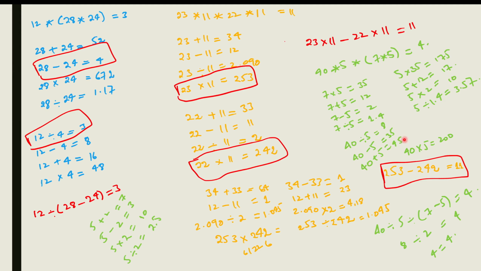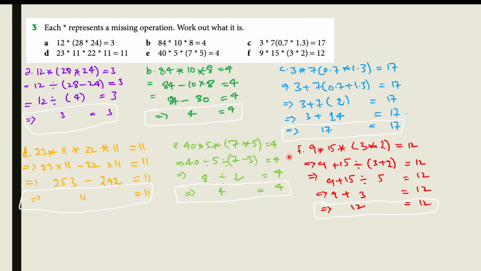And in the parentheses, we select the minus sign. So our equation becomes 40 divided by 5 divided by, in the parentheses, 7 minus 5, which is equal to 4. First we solve this, and then from left to right we solve this, and whatever the answer is, we solve this one, and we get 4, left hand side equal to right hand side.